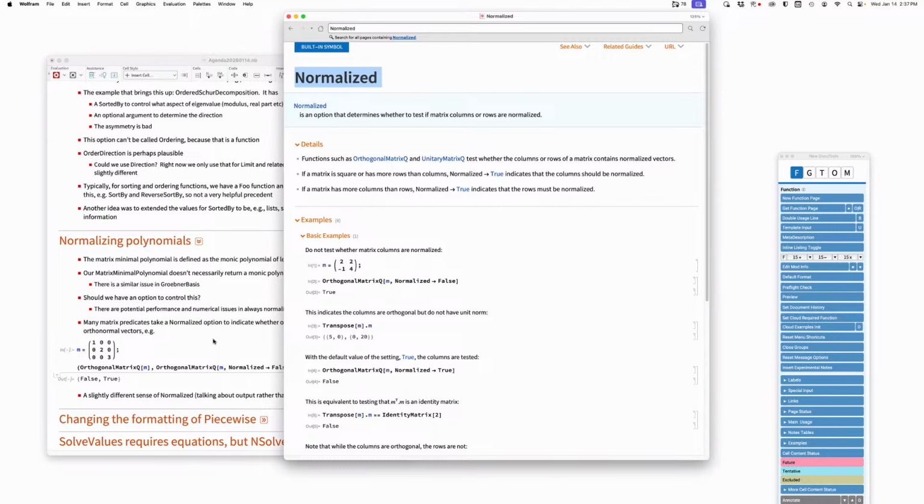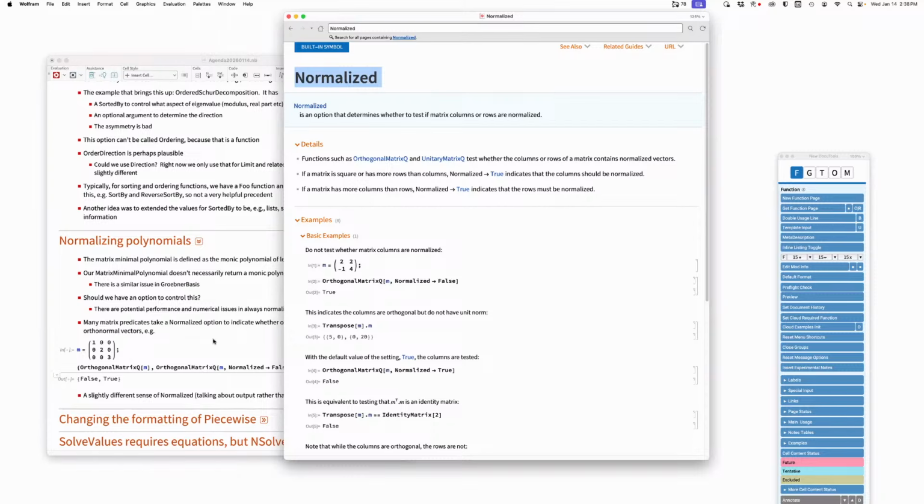Okay, but my question would be, could we factor out? Right. So I will speak to the case of matrix minimal polynomial, where there's only one polynomial, right? Unlike Gröbner basis, where there are lots of polynomials, and you might start to worry about canceling and whatnot. You can just divide by the leading coefficient, and voila.